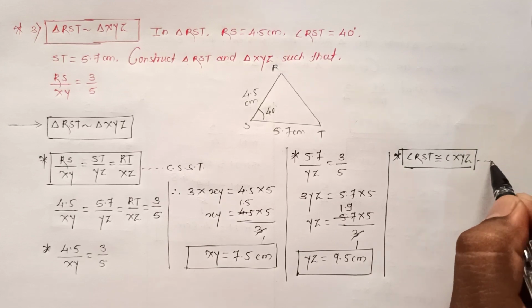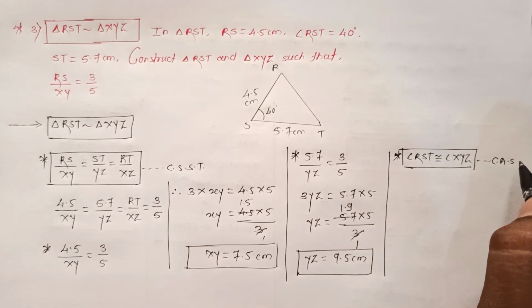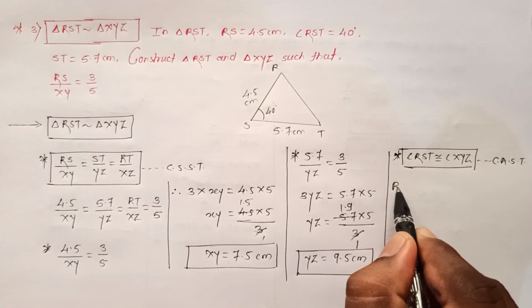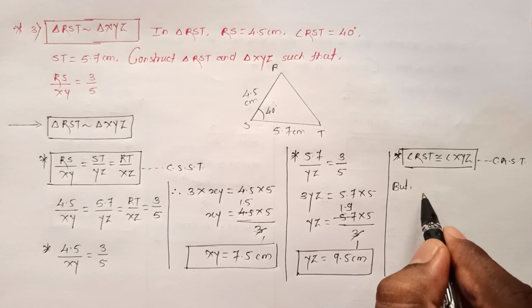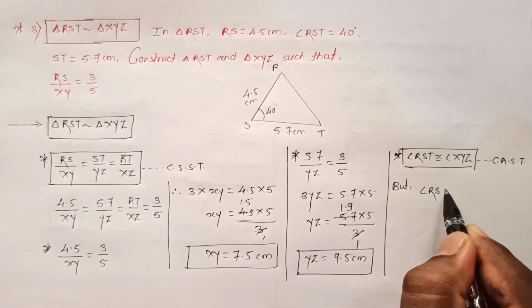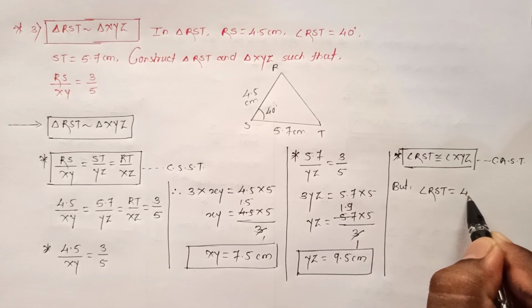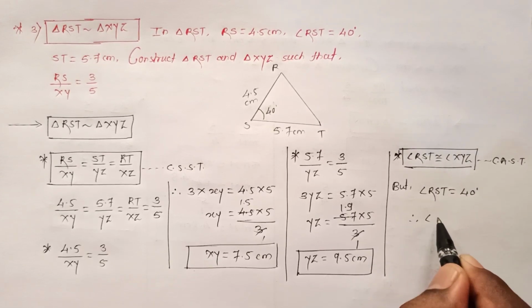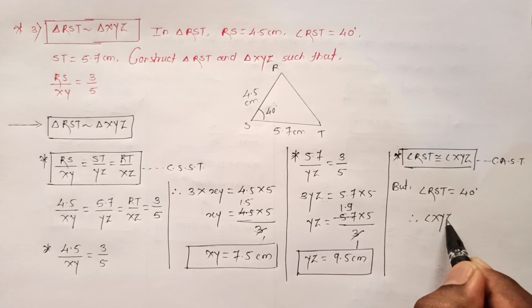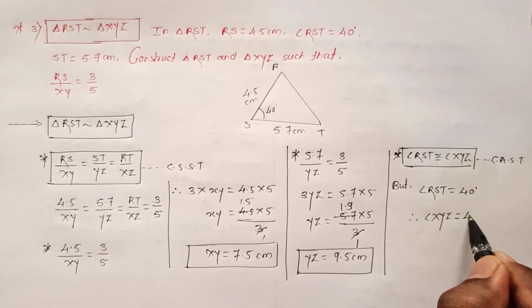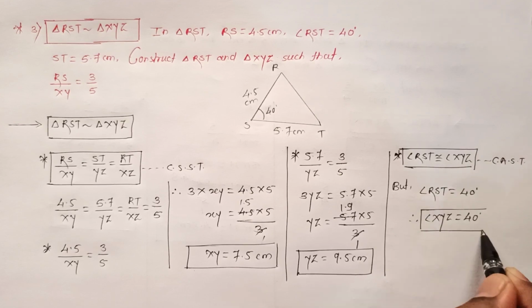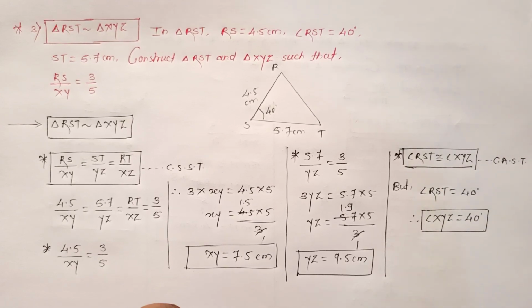We have to write that reason: CAST, corresponding angles of similar triangles. This angle RST is given, which is 40 degree, and both are congruent to each other. So therefore angle XYZ is also equal to 40 degree. Here we got the corresponding sides and corresponding angle of the second triangle.